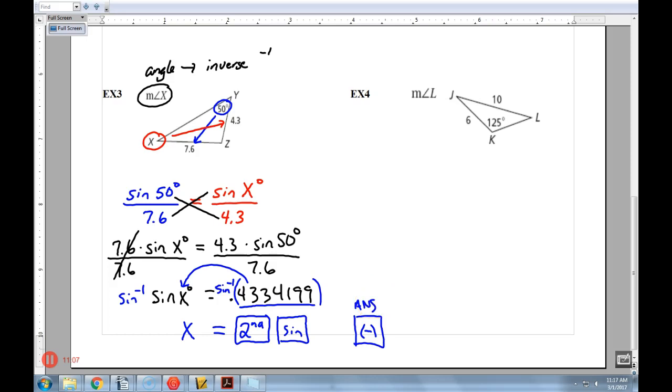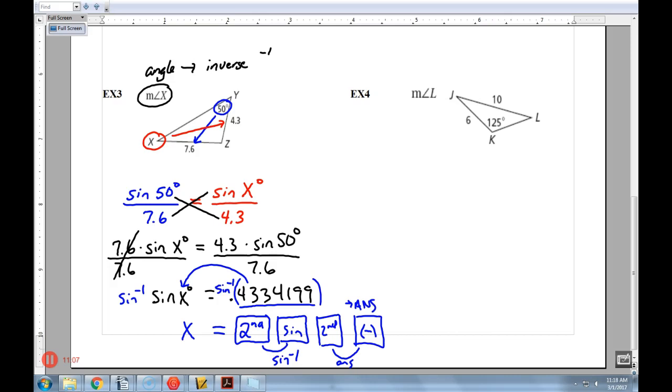That will take your previous answer and plug it back in for you, so you don't have to retype the whole thing. In order to access this ANS at the top, you do have to hit second again. So second sine gives me the inverse, and second answer says, what's the inverse of the last answer? So I'm going to go second sine, second answer.